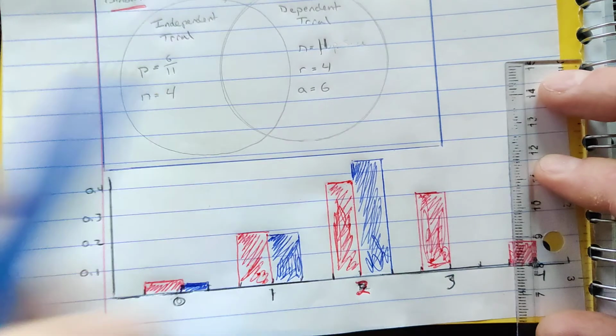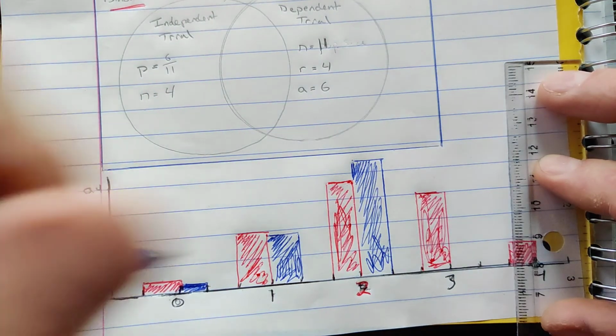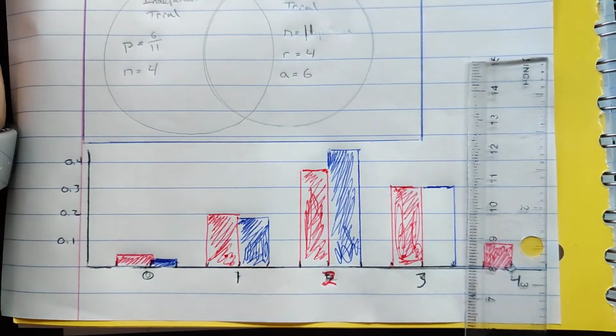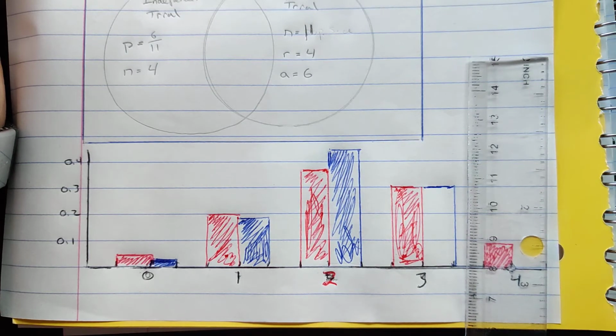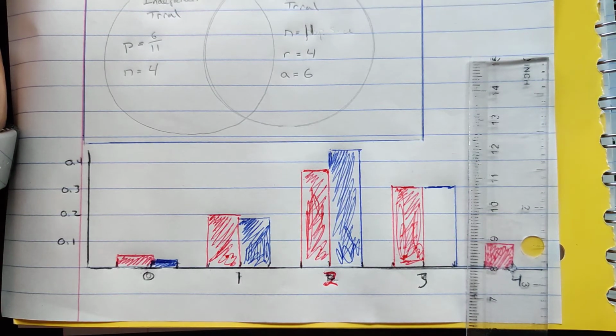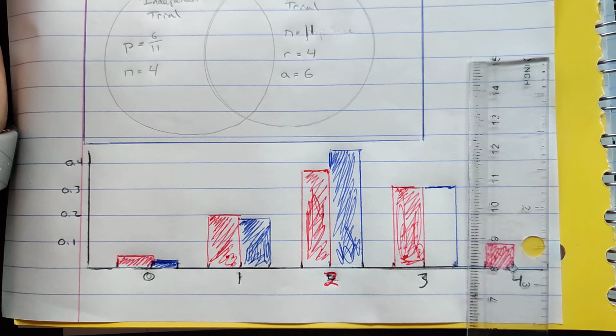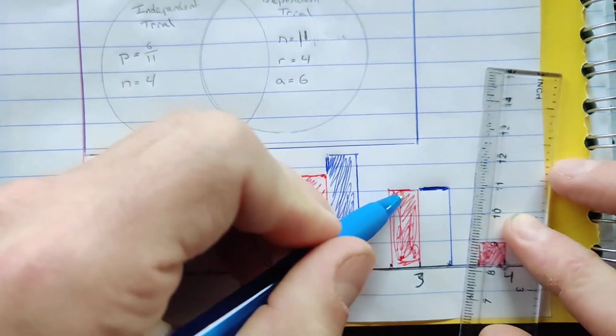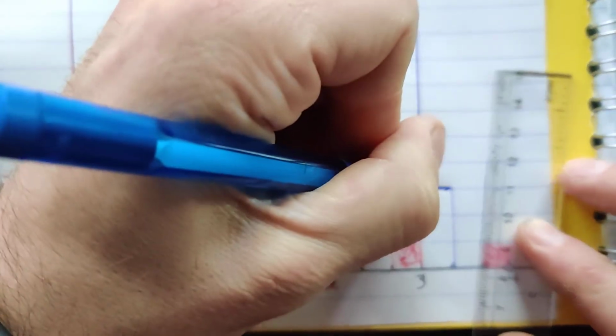Then for 3, we get a 30% chance. These are pretty similar. They're slightly different if I expand this number out. This one's actually just slightly higher than 30, and this one's just slightly lower than 30.